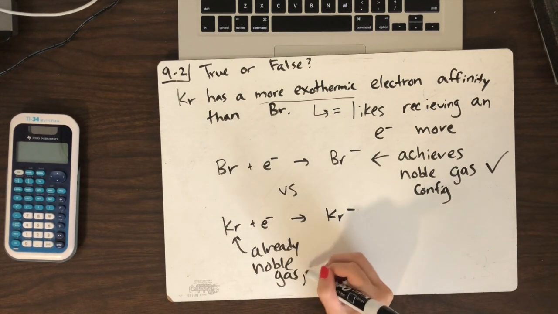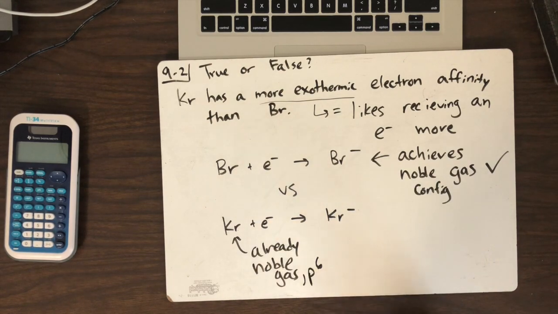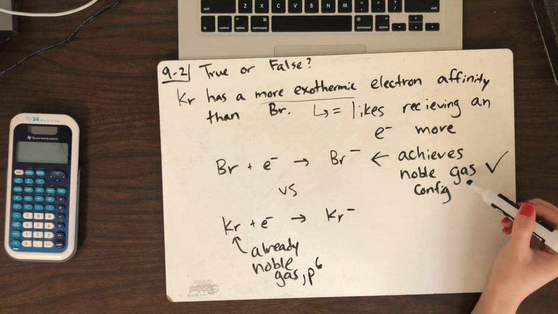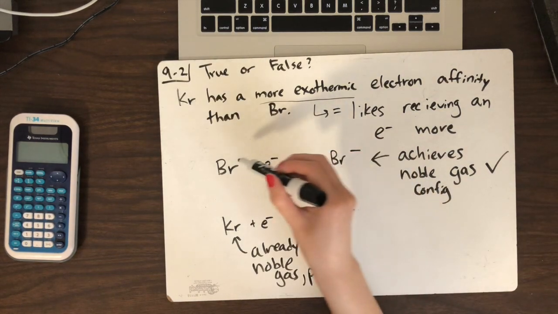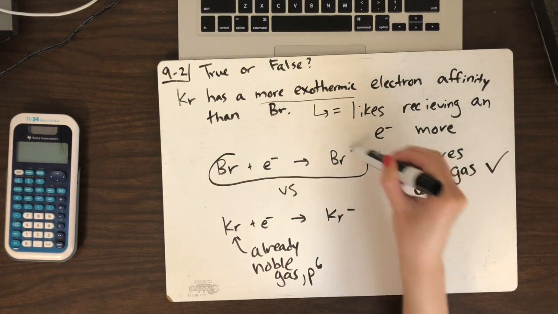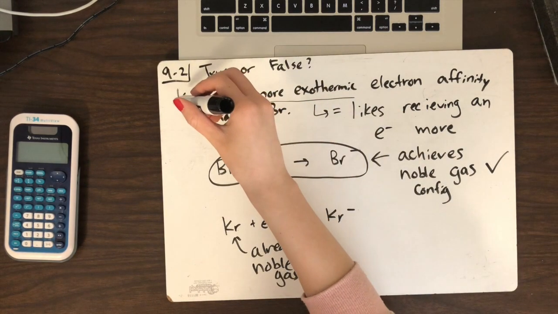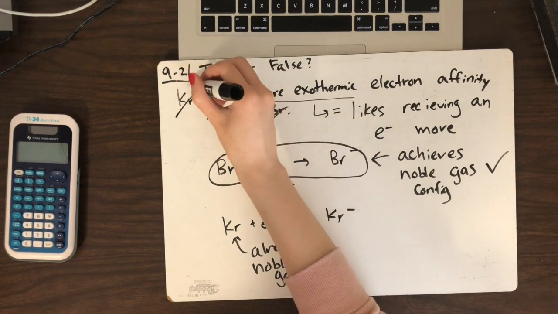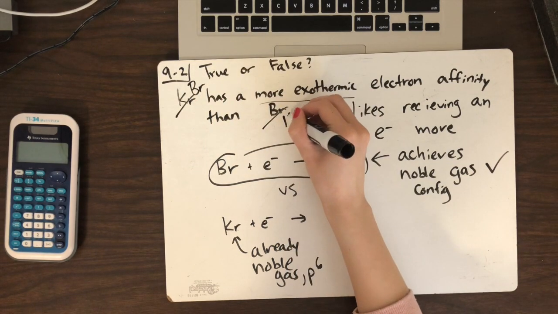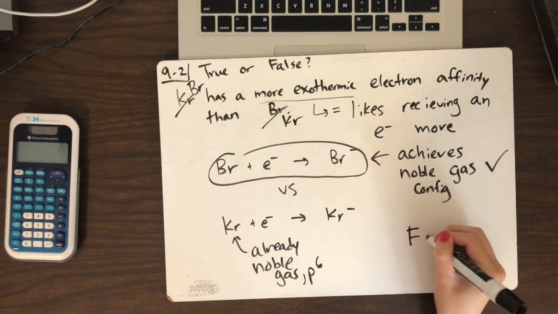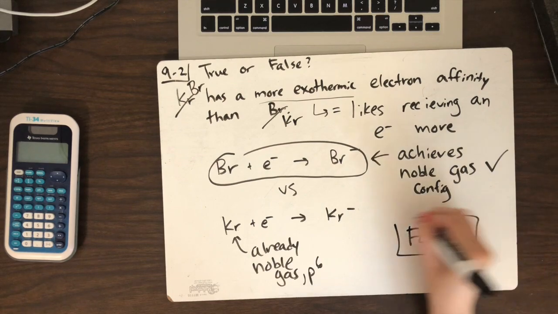It's p6. If you try to shove another electron in there, it's not going to like it, versus Br, which does like it. So Br is going to have the more exothermic electron affinity. So these are actually flipped, and the statement as it's written was false.